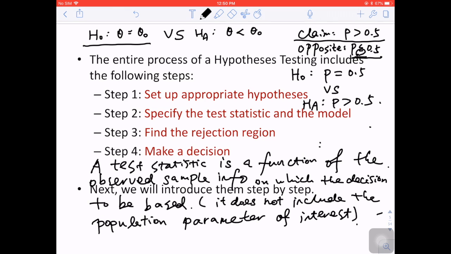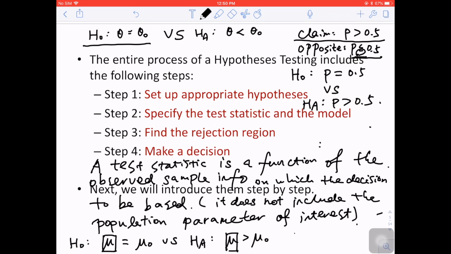Okay, for example, we're interested in the population mean, which is mu. So for example, my null hypothesis is mu is equal to mu 0 versus, say, mu is larger than mu 0. Okay, so we're interested in this mu. But as we discussed before, in reality, we cannot know this. Okay, but we can draw a random sample and we can have the corresponding sample statistics.